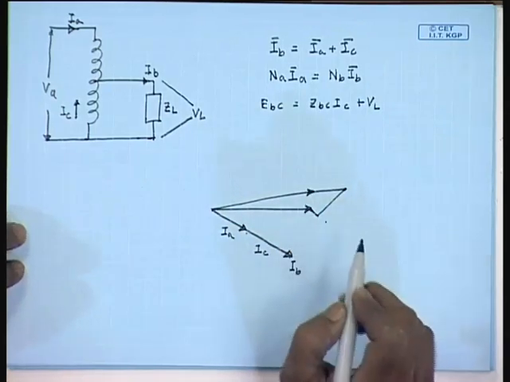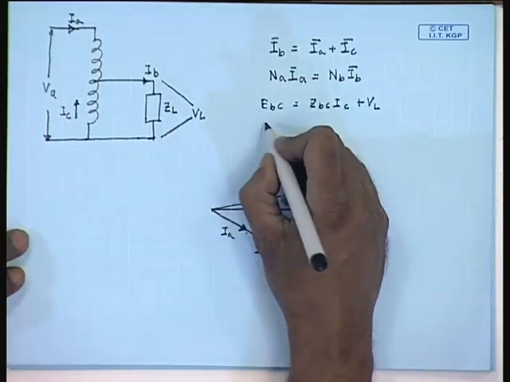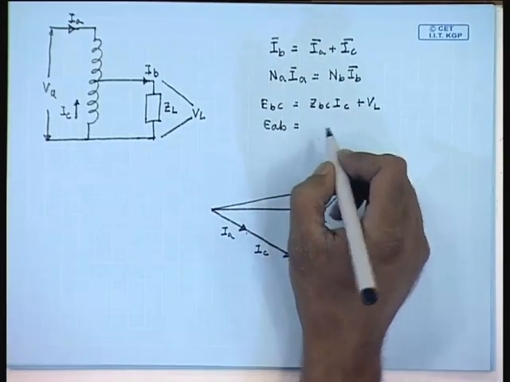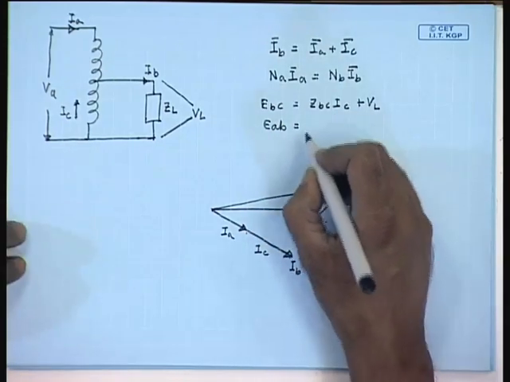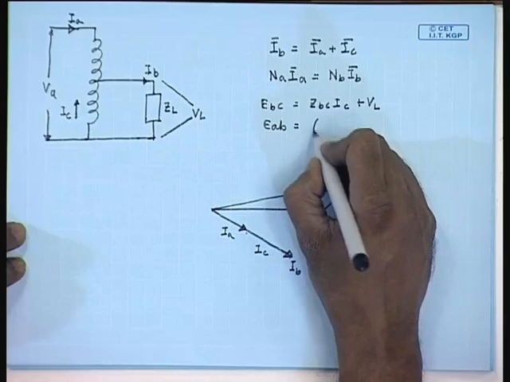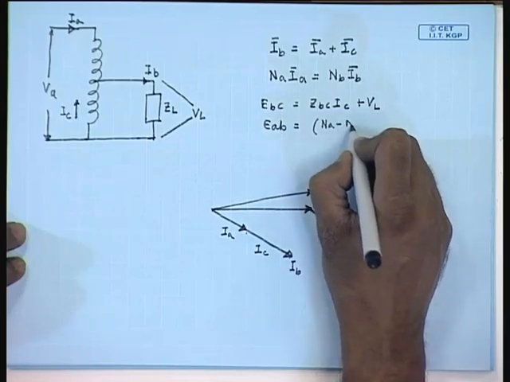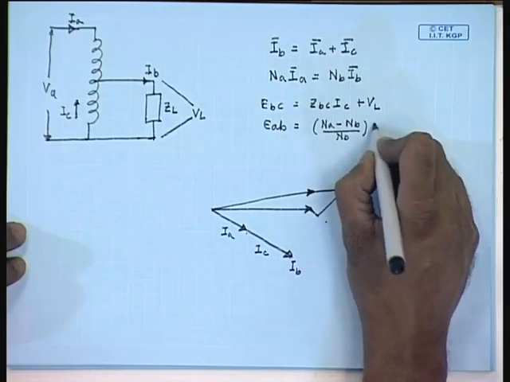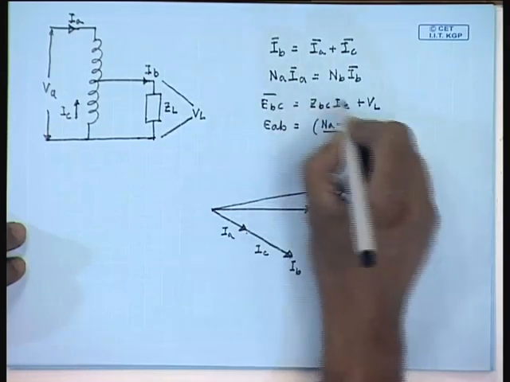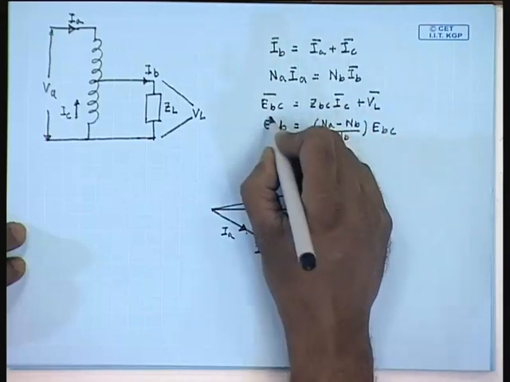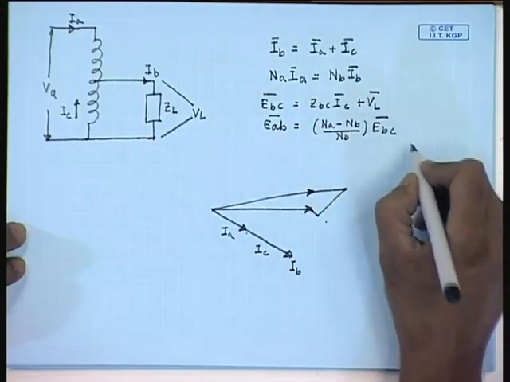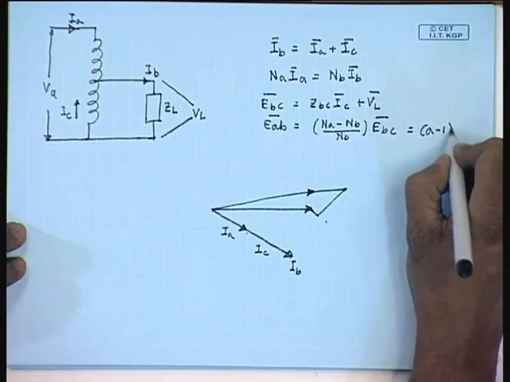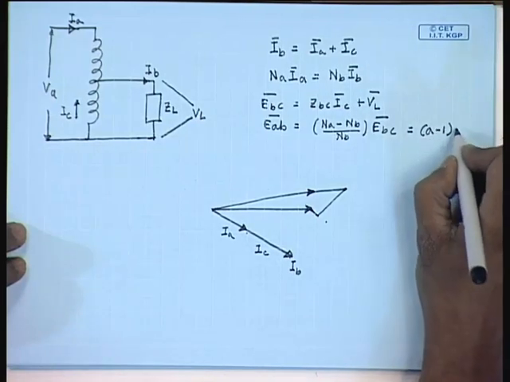This is the phasor E_BC, but we know E_AB equal to (N_A minus N_B) by N_B into E_BC, equal to (A minus 1) into E_BC.